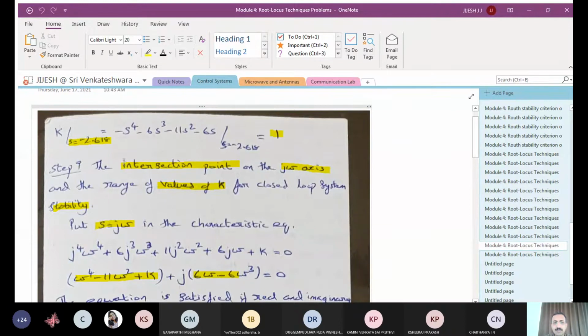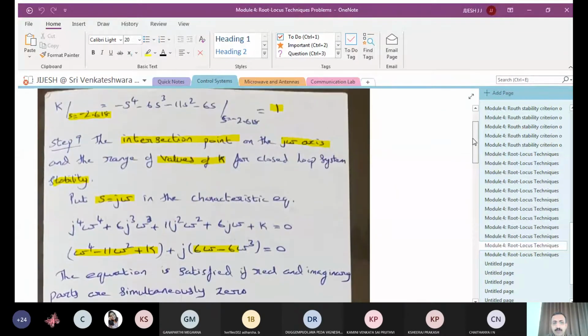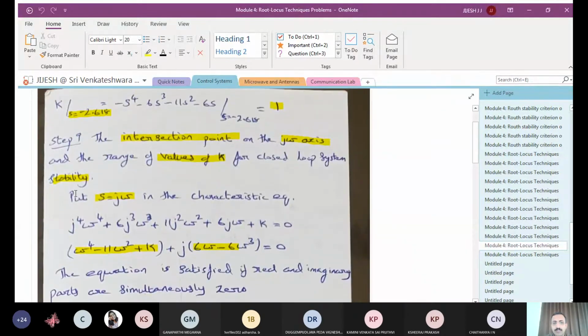The next step, actually we have completed: the intersection point on the j omega axis, for the values of K for closed loop system stability. What you had to do was substitute s equal to j omega. Have you all substituted s equal to j omega? Yes, sir.